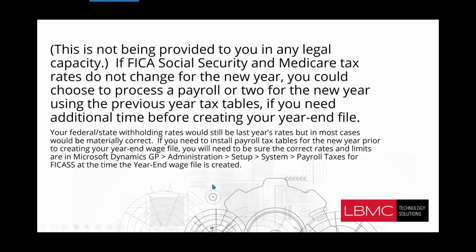It is changing. You could choose to process a payroll or two for the new year using the previous year tax tables if you need additional time before creating your year-end file. Your federal withholding rates would still be last year's rates, but in most cases, and I looked at them for this year, they would not be materially incorrect.